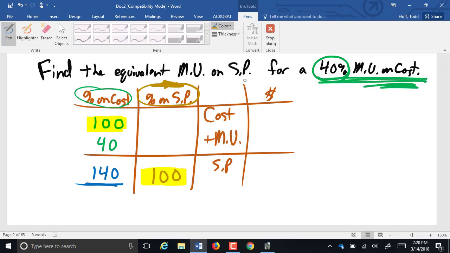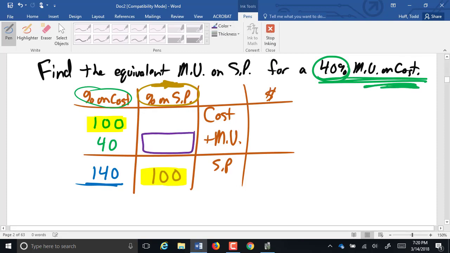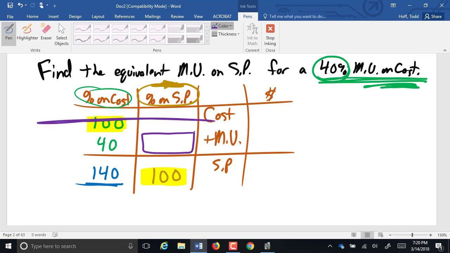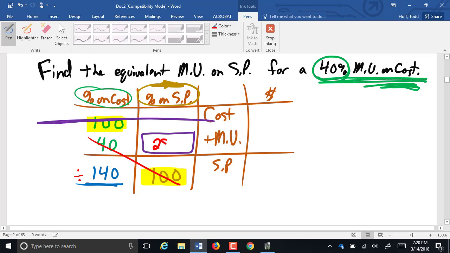We're trying to find then the percent markup in the selling price column. So I don't need this top row, do I? It's going to be 40 times 100, which is 400, divided by 140, which is 28.57143. We'll call it 28.57%.